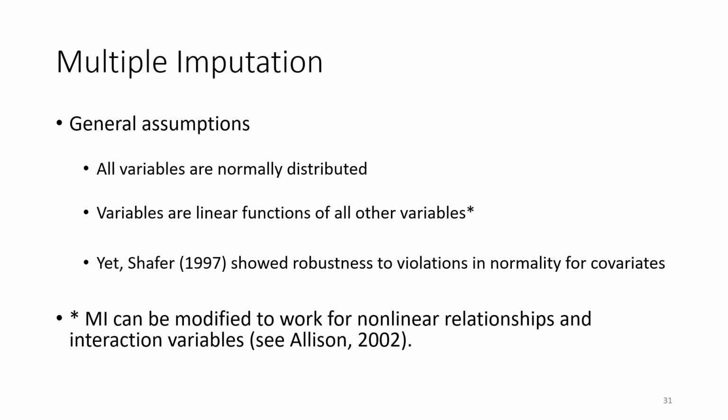However, there are versions of multiple imputation that can be applied for nonlinear relationships, and so see Allison in 2002. Fortunately, Schafer, who has a book on missing data treatment, showed robustness to violations of normality for multiple imputations. So he shows that you can have reasonable violations of normality and still have well imputed values.